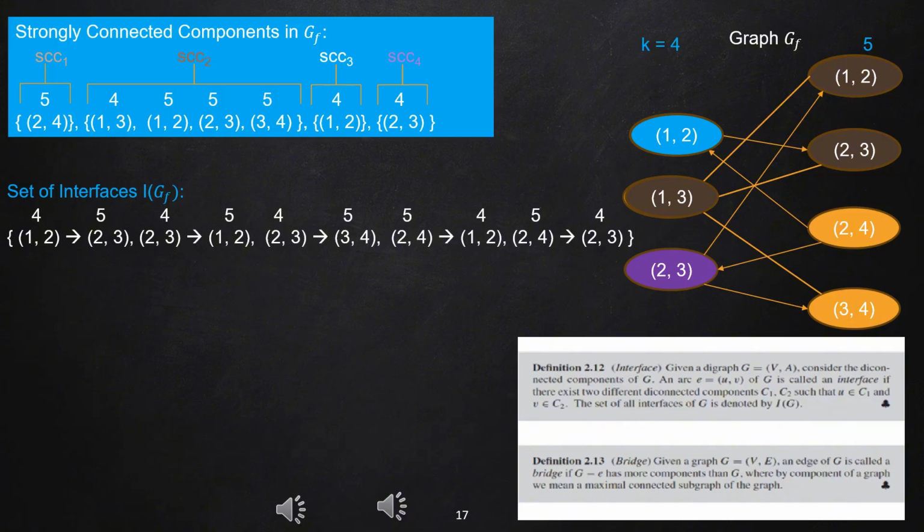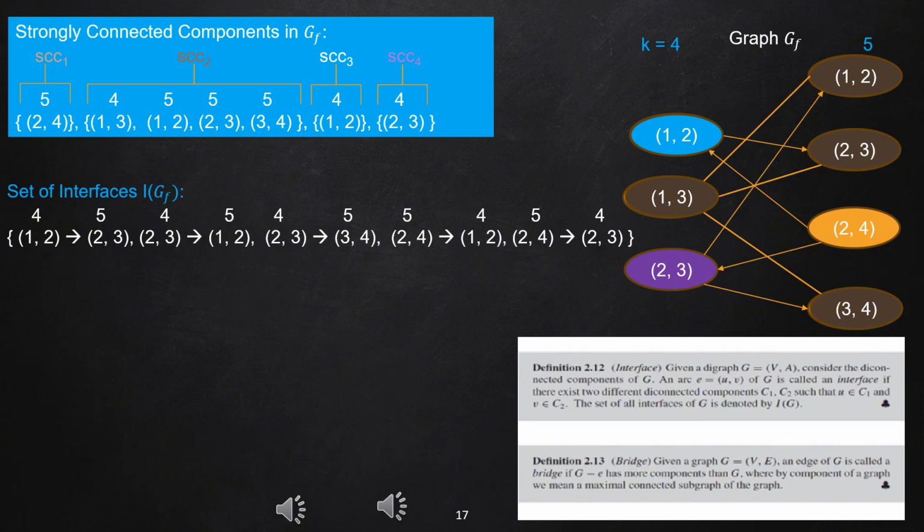These are interfaces between two strongly connected components. In addition, you have 2, 4 and 1, 2. They have an arc, so that is an interface. And 2, 4, 2, 3 is an arc, that's an interface.